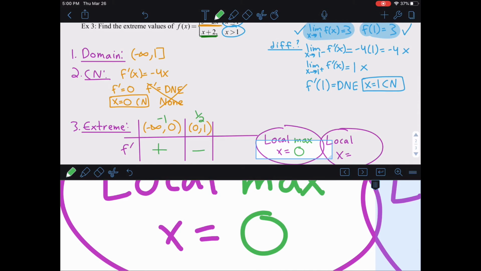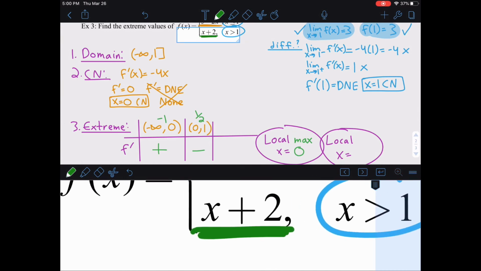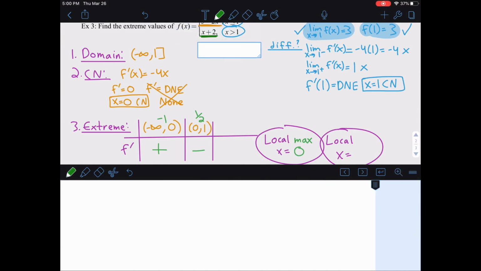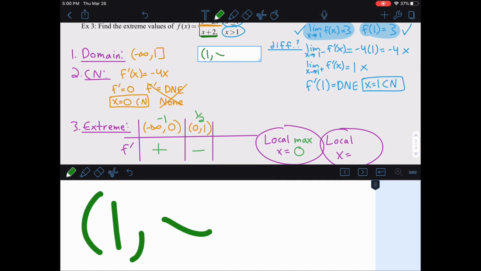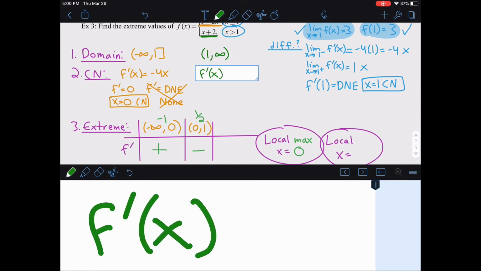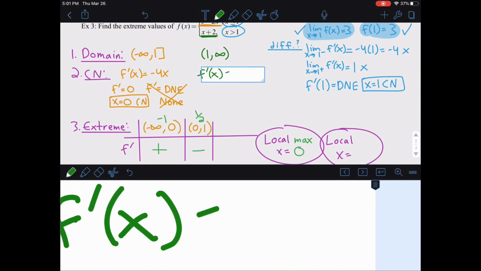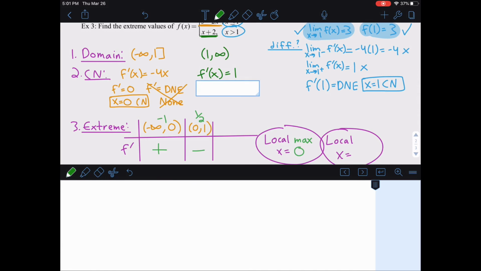Okay, so now we're going to repeat the same process with the other piece of this piecewise function, x plus 2. Its domain is all the values greater than 1. So step 1, all the values greater than 1, parentheses 1 to infinity. Step 2, got to find a derivative. What's the derivative of that? Well, x plus 2, that's a line. Its slope is 1. Okay.